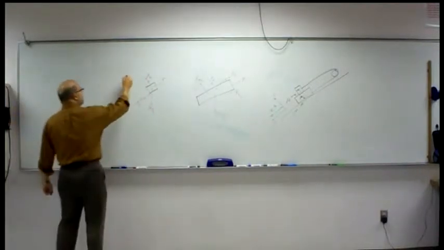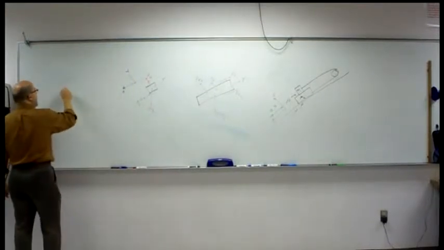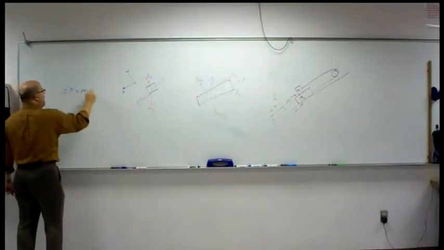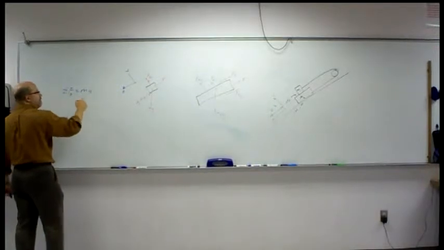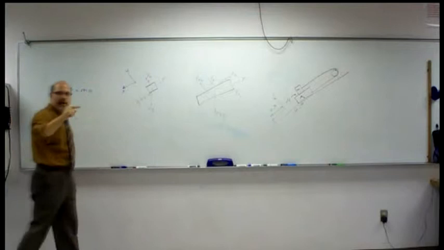Our coordinate system is like this, parallel and perpendicular. I'd like for you to write F equals MA in the parallel and perpendicular direction for this one and for that one. What do they look like?